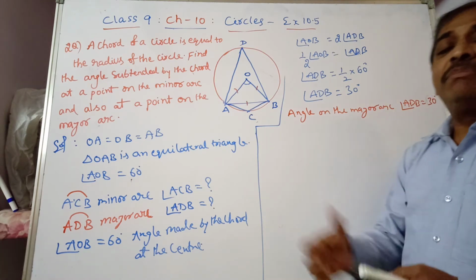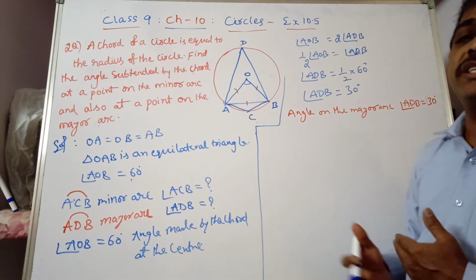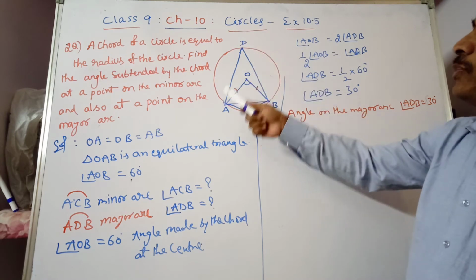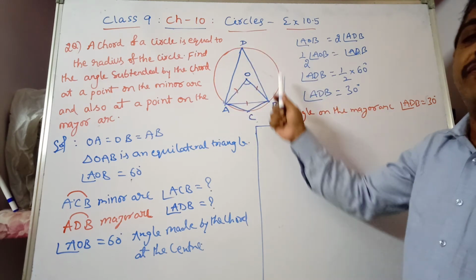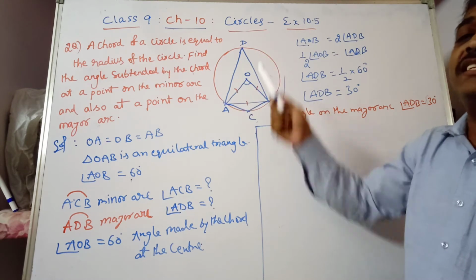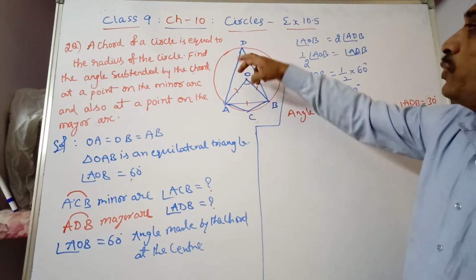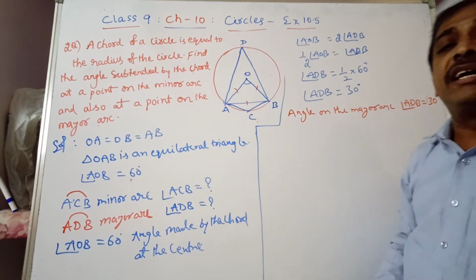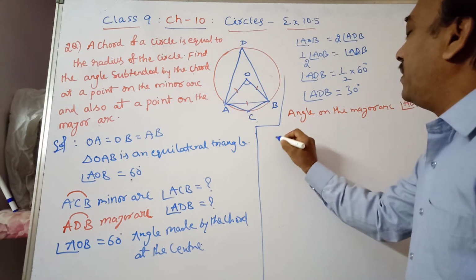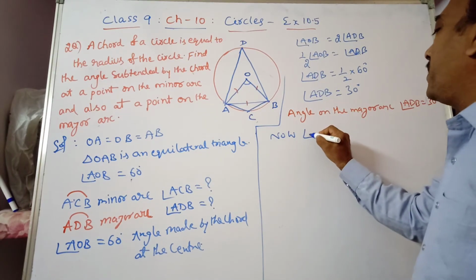Now theorem 10.11: the sum of either pair of opposite angles of a cyclic quadrilateral is 180 degrees. A cyclic quadrilateral means all four vertices lie on the circumference of the circle. So the sum of the opposite angles will be equal to 180 degrees.